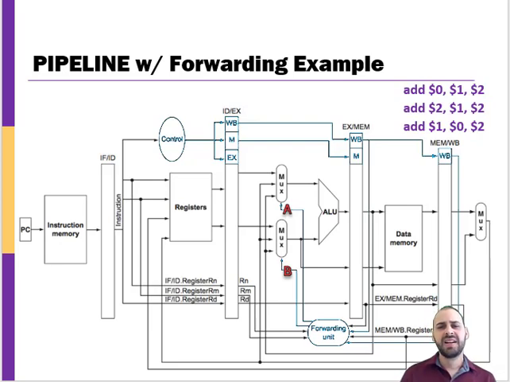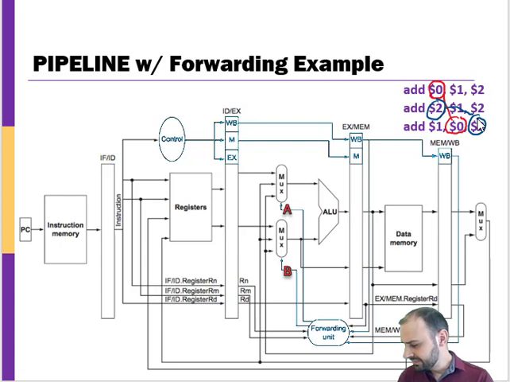So let's look at this example here. We have these 3 instructions, and we have an underlying case where we're going to have some dependencies, this dependency here, and then this other dependency here.